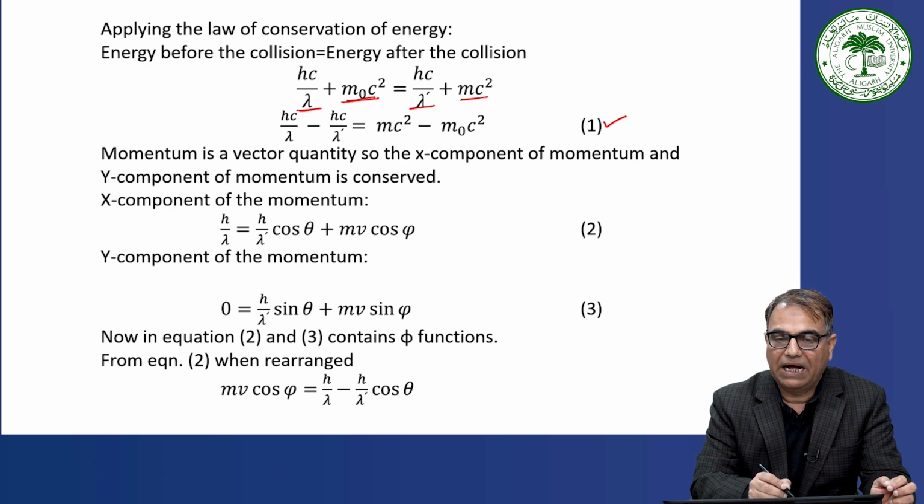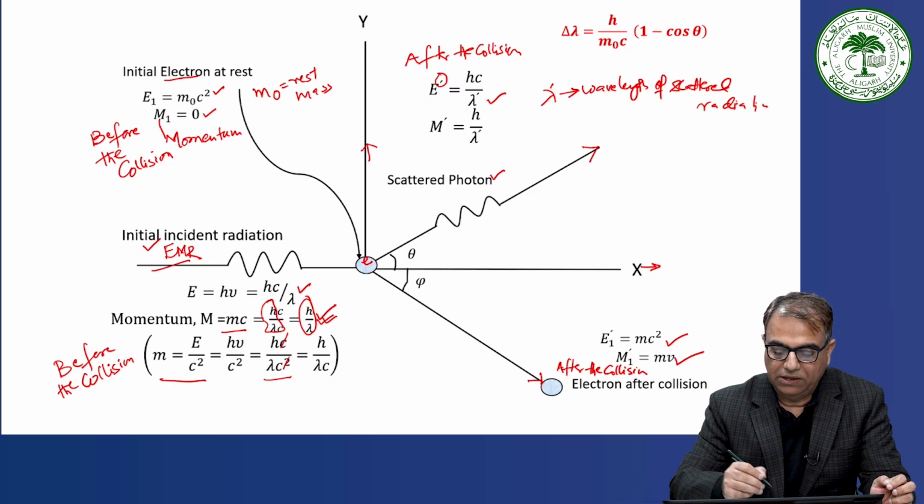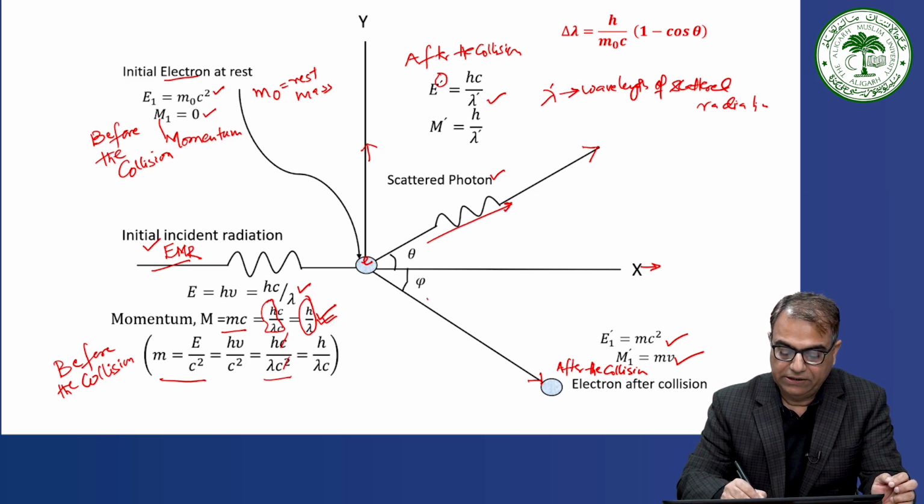Okay. But after the collision, the electromagnetic radiation is moving along this direction with an angle theta, and the electron is moving in this direction with an angle phi.